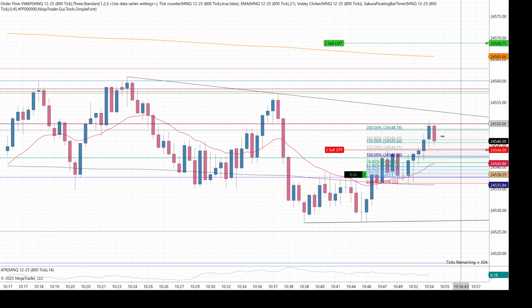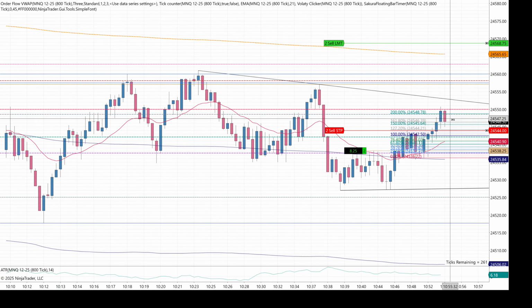It's 50 level here. But if we can get buyers to break through that and break through this downward trend line, we could potentially get a huge run up and retest VWAP.